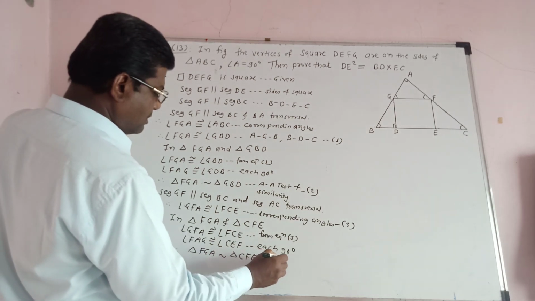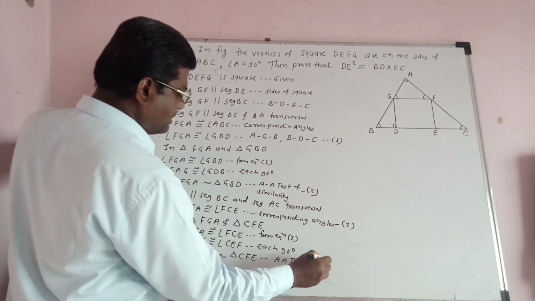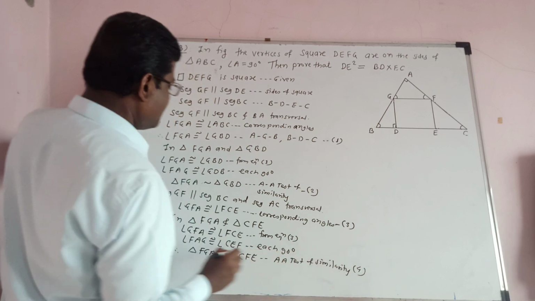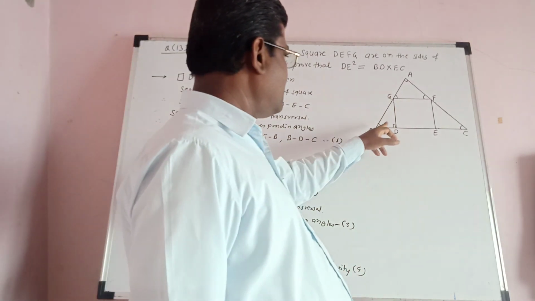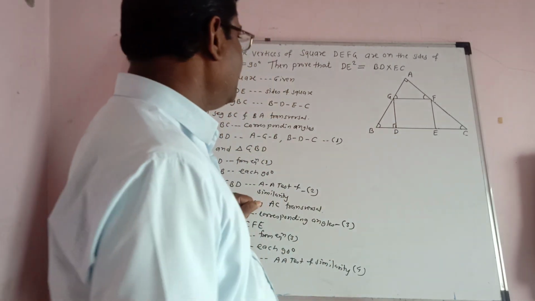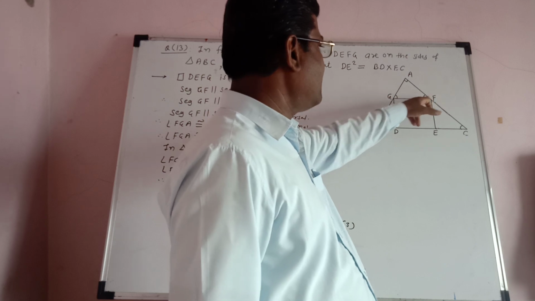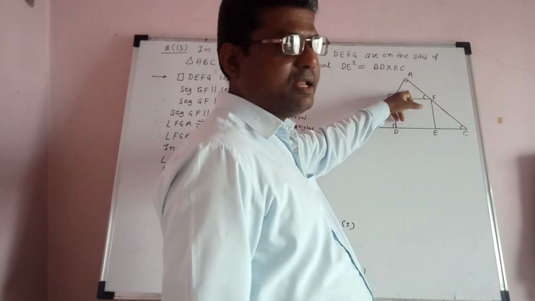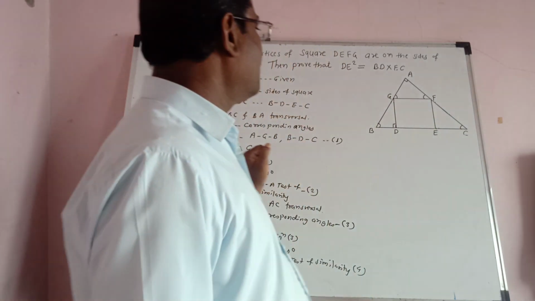This is also by the AA test of similarity. This is equation number 4. Now triangle GBD is similar to triangle FGA, and triangle FGA is similar to triangle CFE.